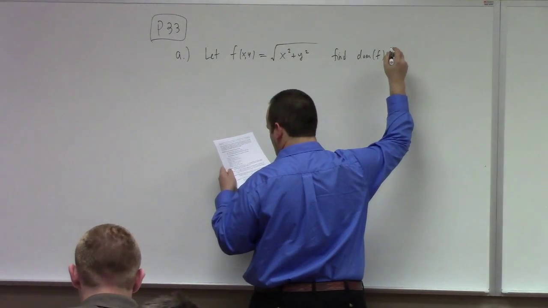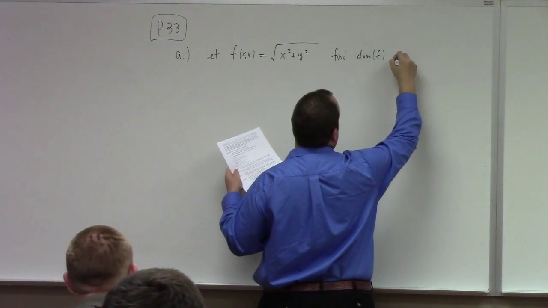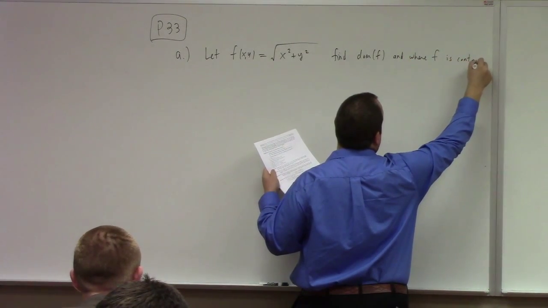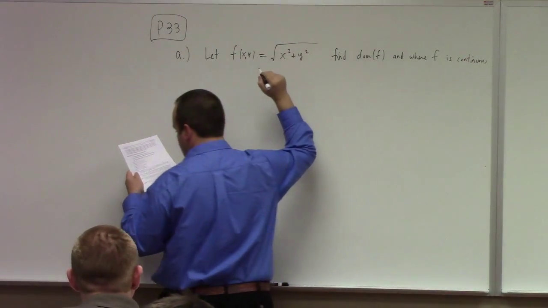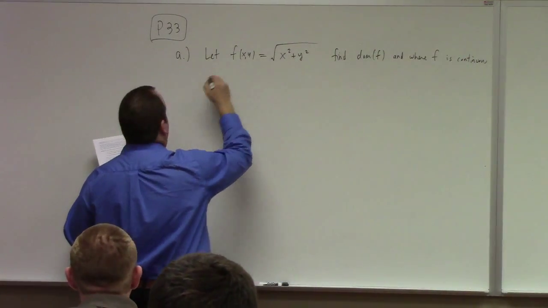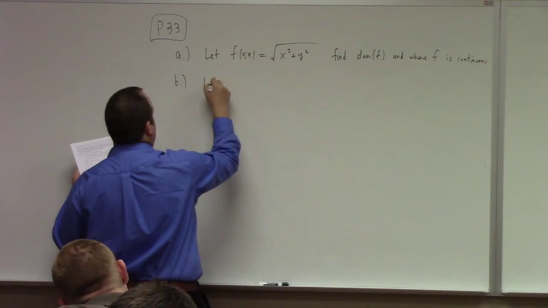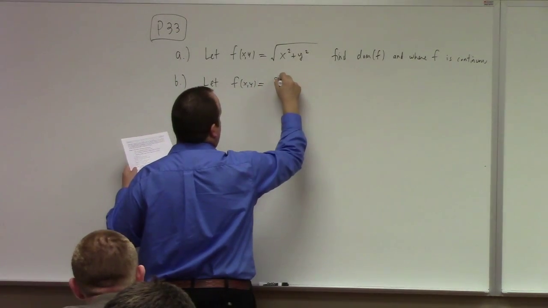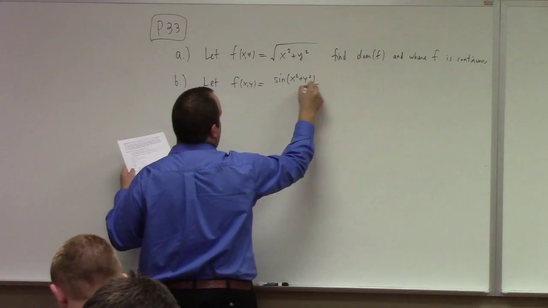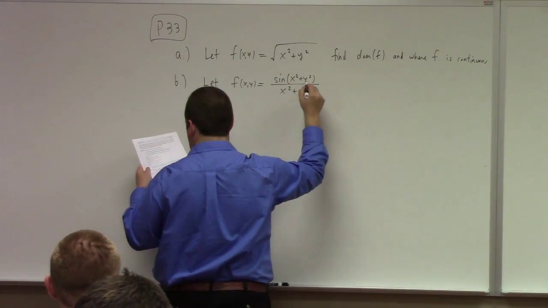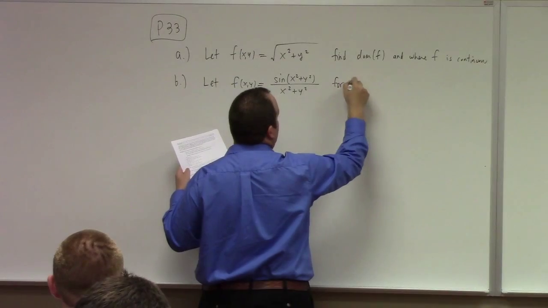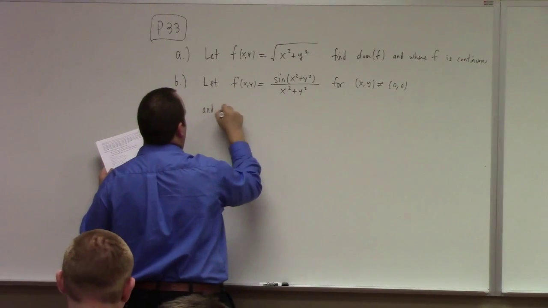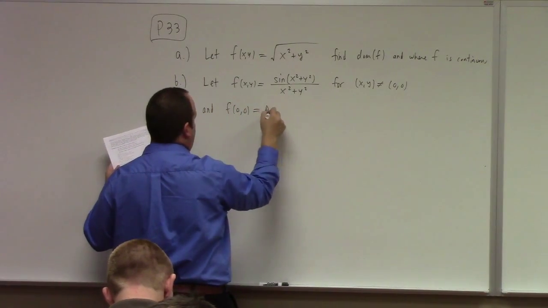and where f is continuous. And then part B is to let f of x, y equal sine of x squared plus y squared, divided by x squared plus y squared, for x, y not equal to 0, 0, and f of 0, 0 equals a.